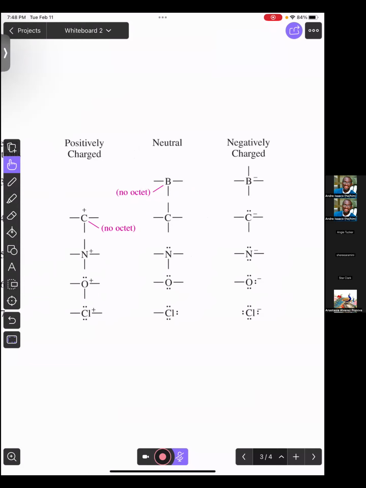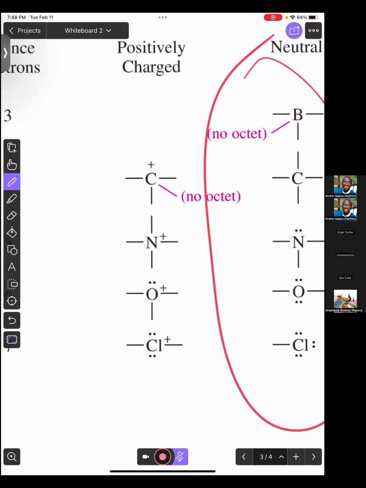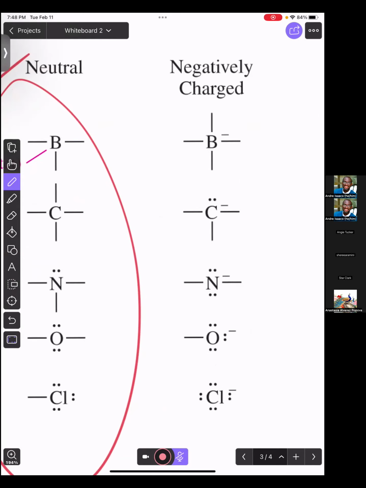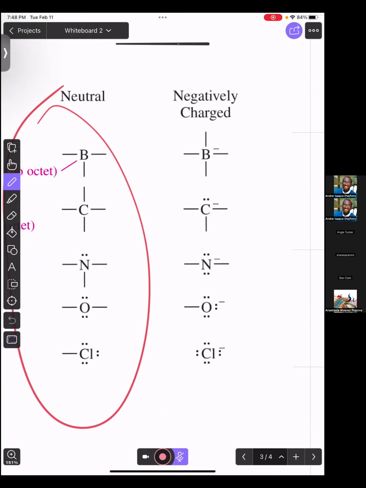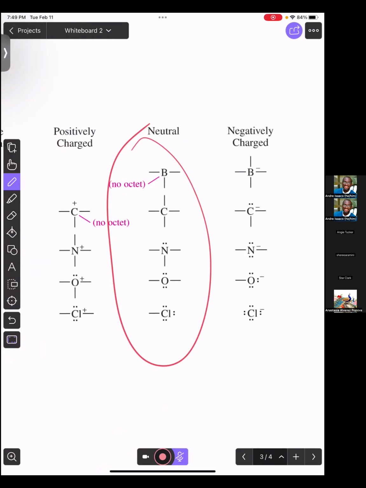I've been emphasizing a lot to you all to remember this is the neutral situation. When boron makes 3 bonds, it's neutral. When carbon makes 4 bonds, it's neutral. Nitrogen with 3 bonds and 1 lone pair is neutral, etc. And then on the other side, you can see what they look like when they're positive, or what they look like when they're negative. I have all of these memorized, but the whole point is you can always calculate this. We just walked through the calculation.